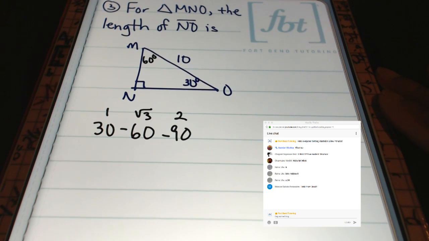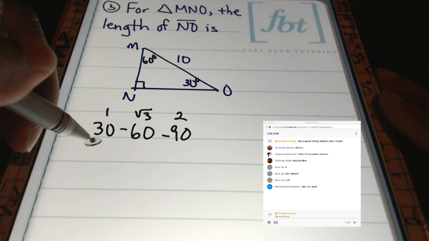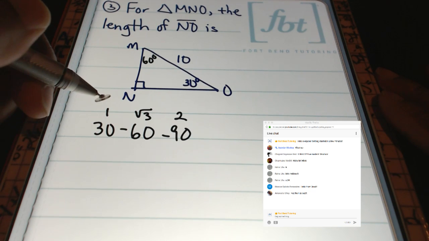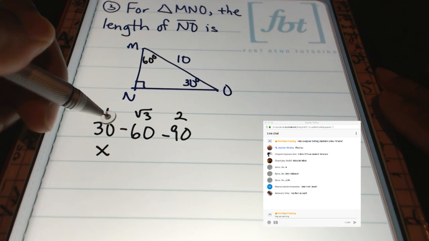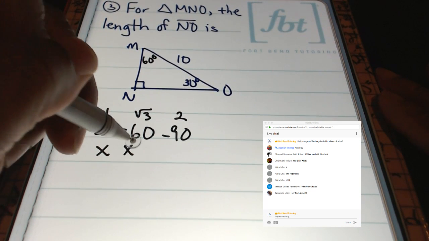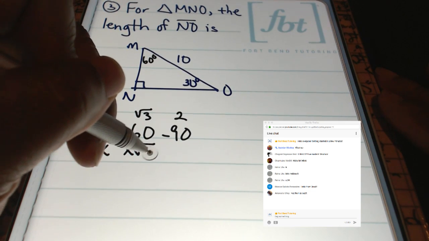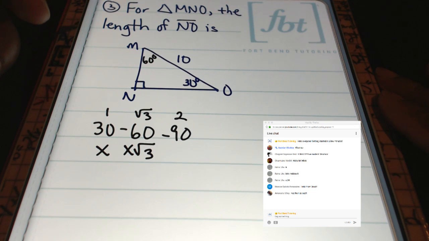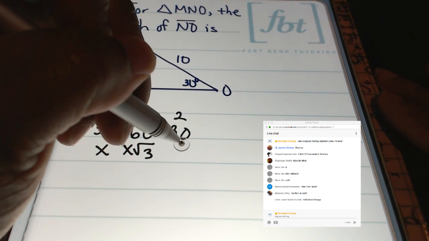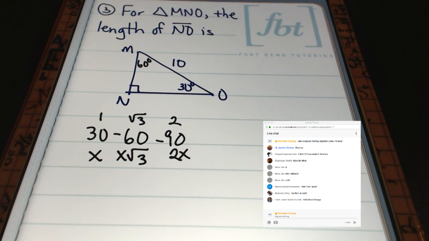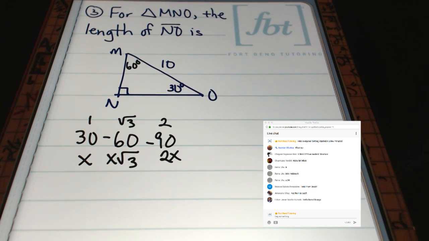And as far as setting up equations is concerned, if the side opposite the 30-degree angle has a value of x, then the side opposite the 60-degree angle would be x times the square root of 3, and then the side length opposite the 90-degree angle would be 2x.